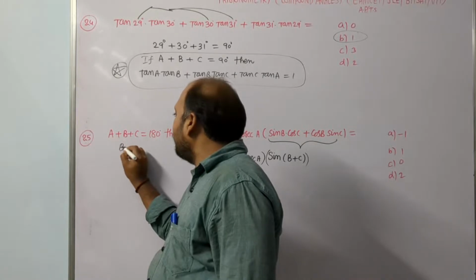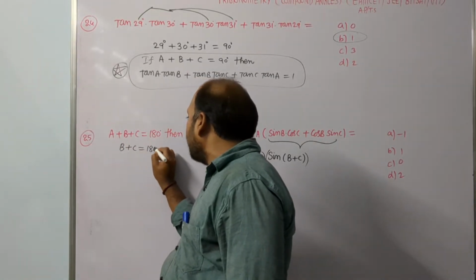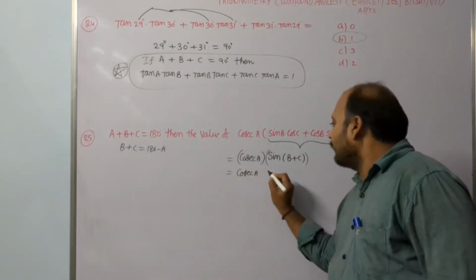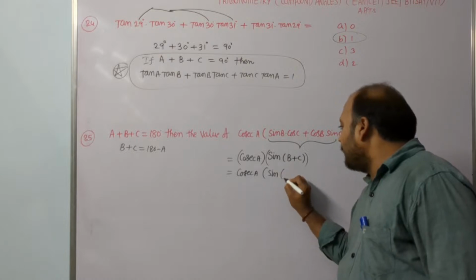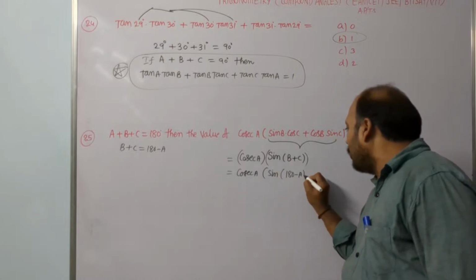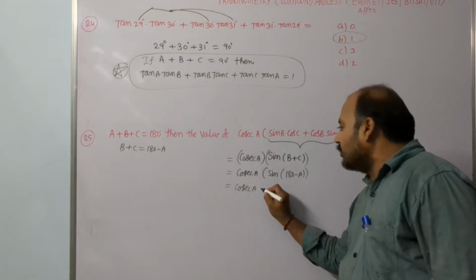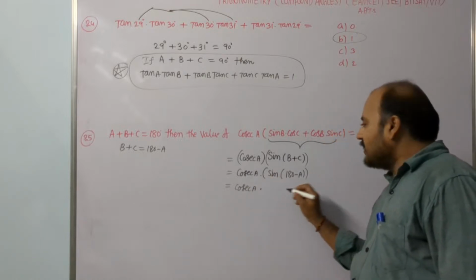So it will be sin of (B plus C) into cosecant A. Whenever A plus B plus C is 180, B plus C is equal to 180 minus A only. So cosecant A into sine of (180 minus A), which is sine A.